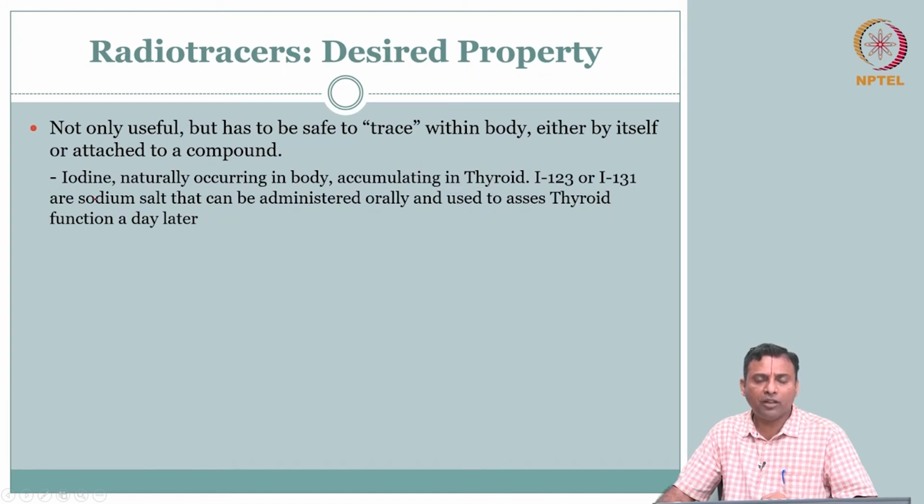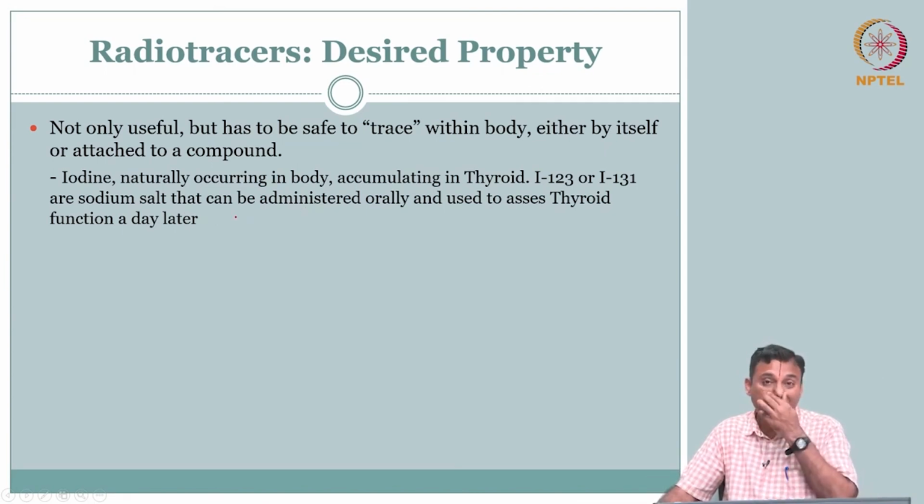Therefore you have some natural candidates for this, for example iodine, which is naturally available in the body. It starts to accumulate in the thyroid. So you can label some iodines, I-123 or I-131, as sodium salt, and administer it orally.